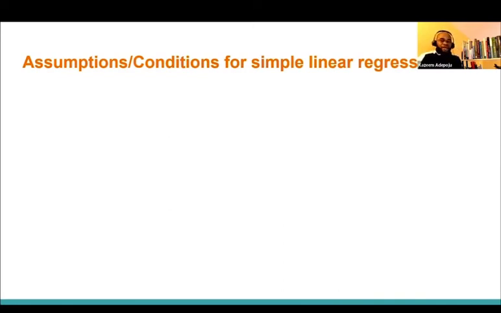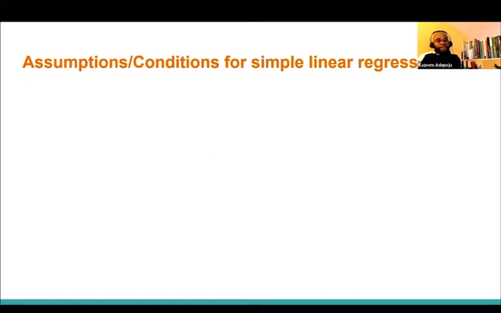Let us now look at the assumptions. We also call them conditions. For the simple linear regression model to be fantastic, to be valid, we need to be able to investigate whether the assumptions are violated or not.